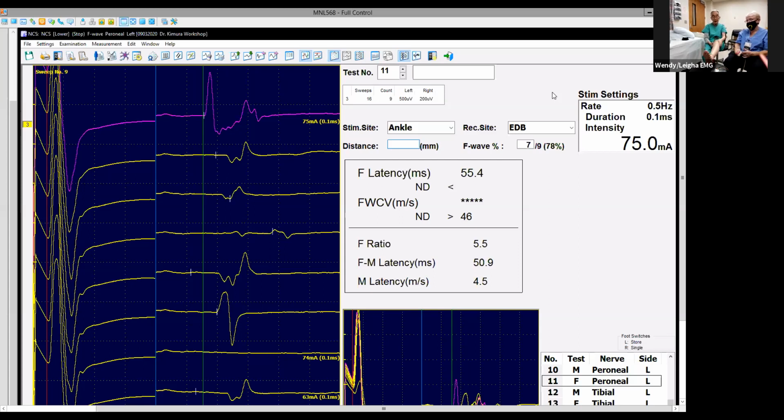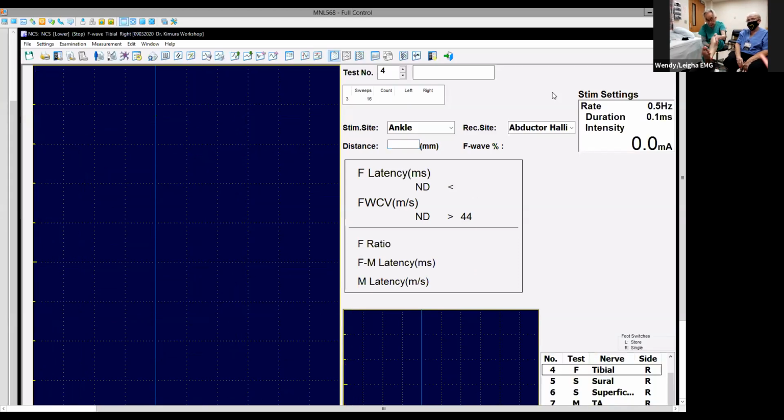Remember, the pickup electrode is on the EDB, which is a peroneal nerve muscle. But what I'm saying is that when you stimulate the tibial nerve, we still get an F wave. I hope. That's my theory.